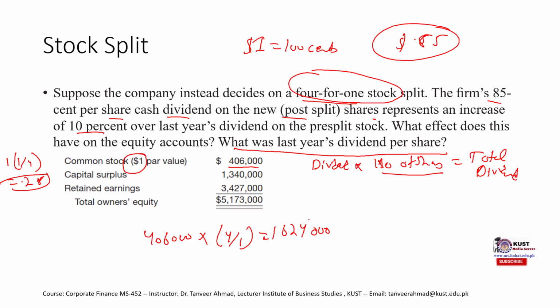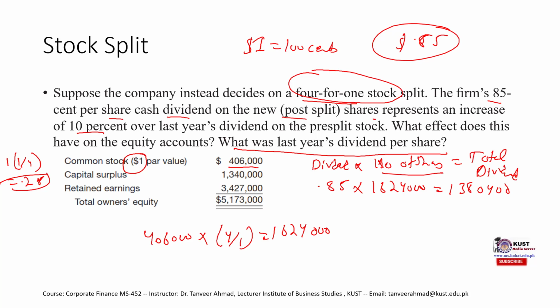Okay. So the dividend was 0.85 multiplied by this new shares outstanding, and we would have the total dividend paid to the shareholders today, right? But the question isn't how much dividend we paid today.